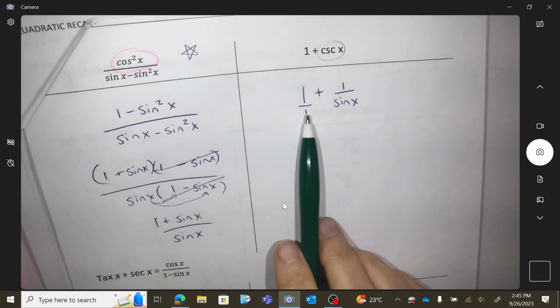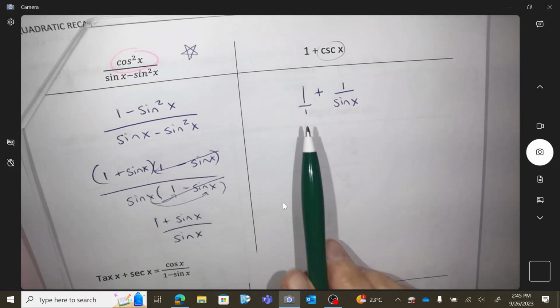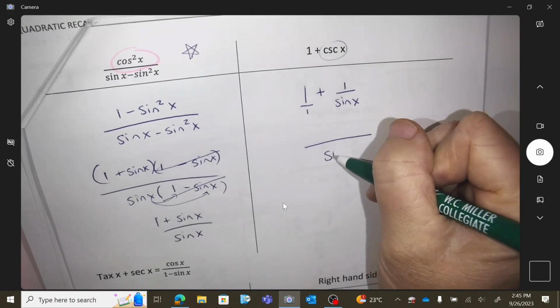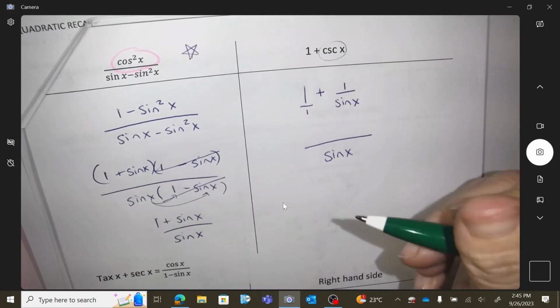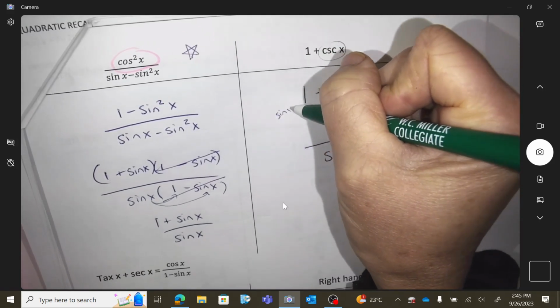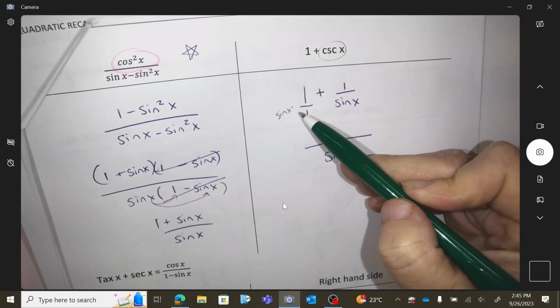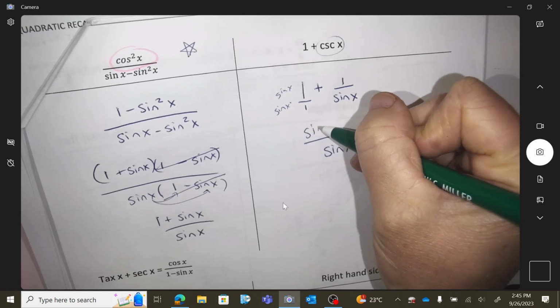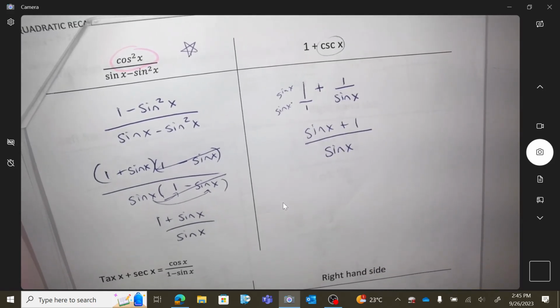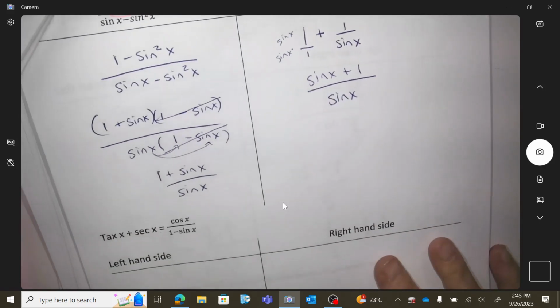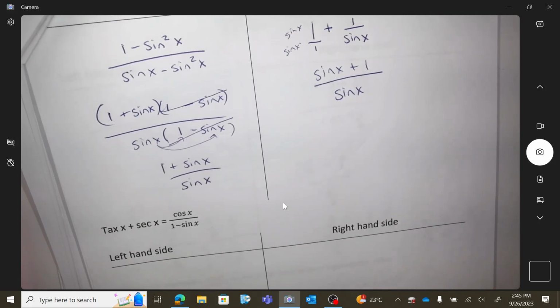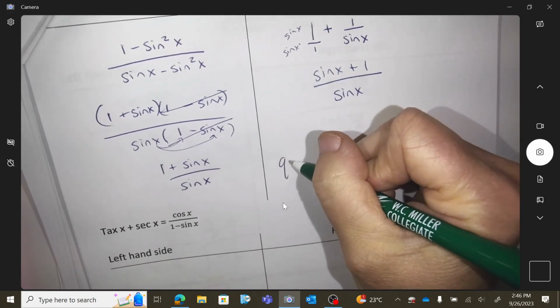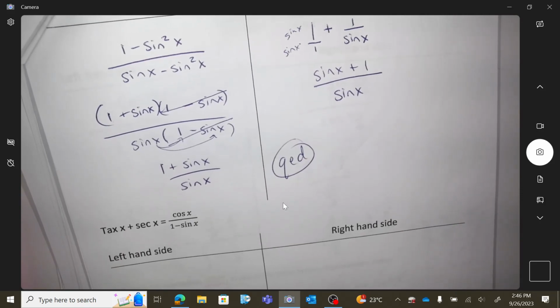I need to make the bottom the same, so they both need to contain a sine x. If I make that a sine x, I'd have to times the top by sine x. And there we go. We did it. So in a proof, you know if you're right or wrong because you get there.